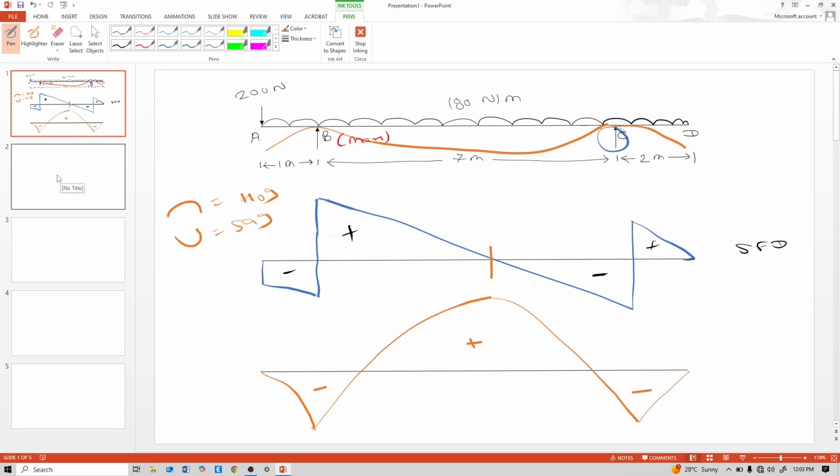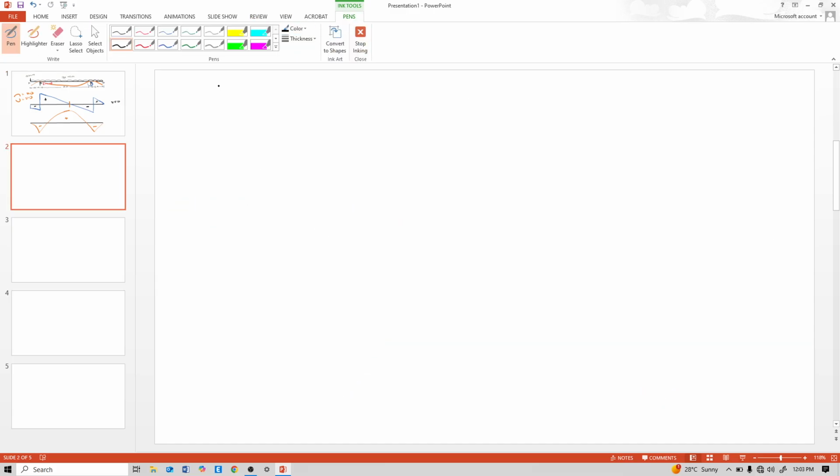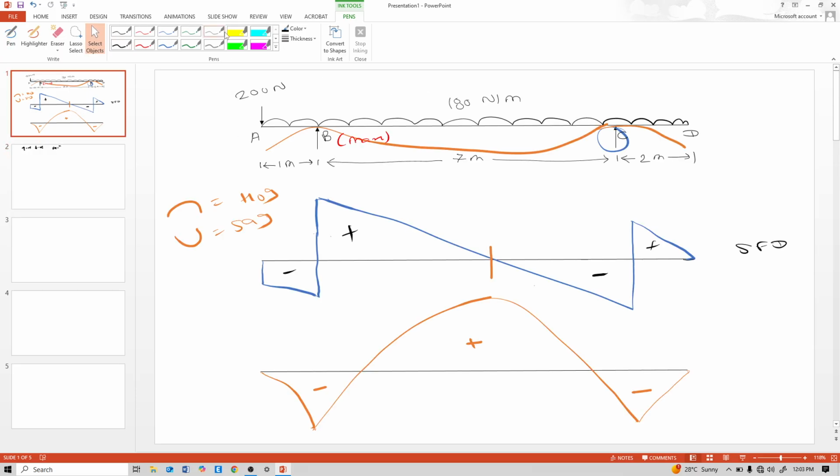Now next, calculate reactions. Vertical upward is positive, downward is negative. Let's consider this as By and this as Cy.